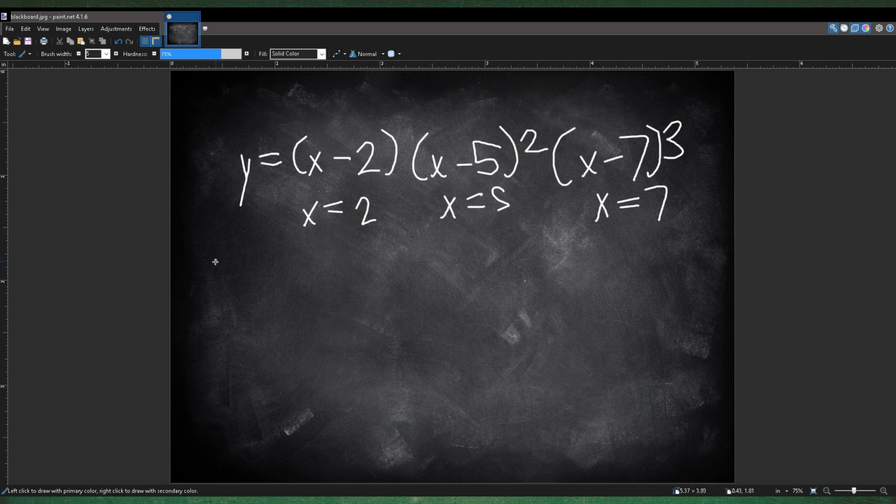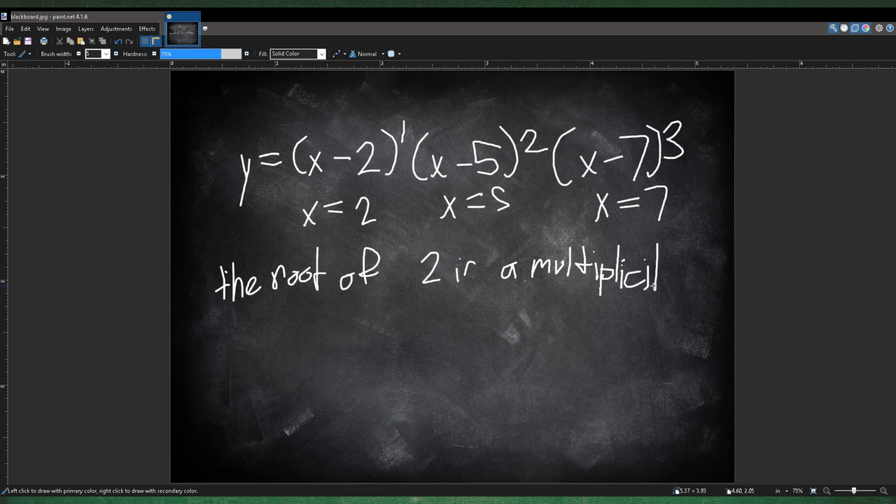So since this is x minus 2 raised to the power of 1, the root of 2 has a multiplicity of 1.